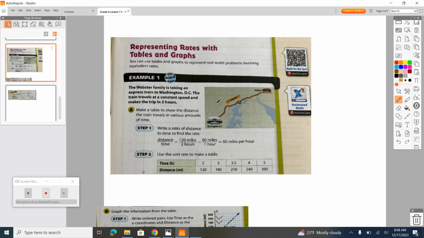Make a table, and what they've said is it makes a trip in 2 hours. So the total distance, I think it says it, it's hard to see, is 120 miles. And this is 2 hours. If we divide, we're going to get a unit rate of 60. That means 60 miles in 1 hour.